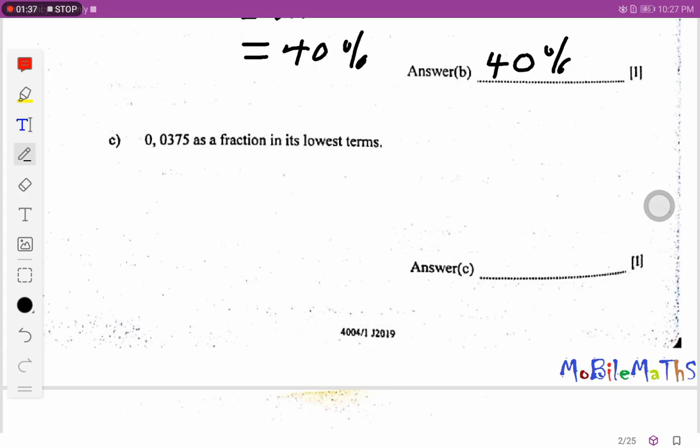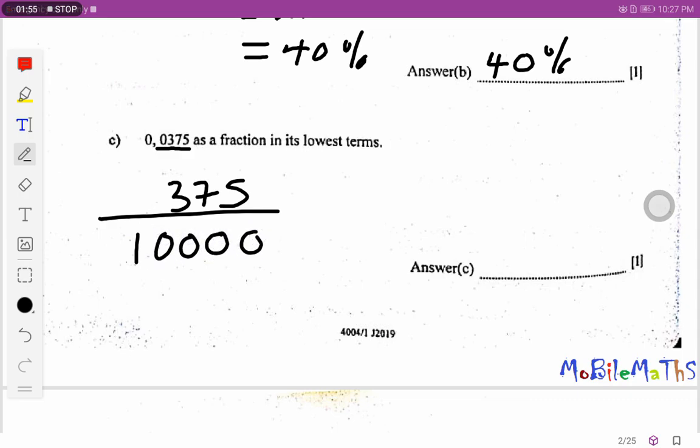0.0375 as a fraction in its lowest terms. So what you do is this: you count the number of zeros after the comma. We have 4. So you can say 375 divided by 10000, those zeros 1, 2, 3, 4 there. So we can now simplify this one.